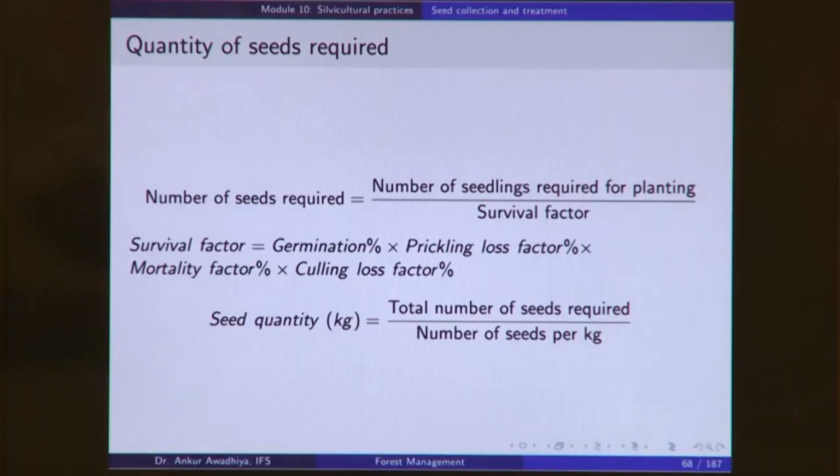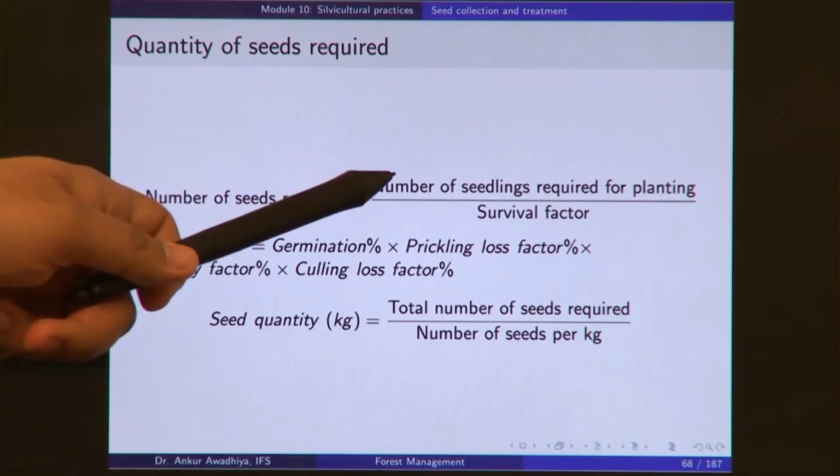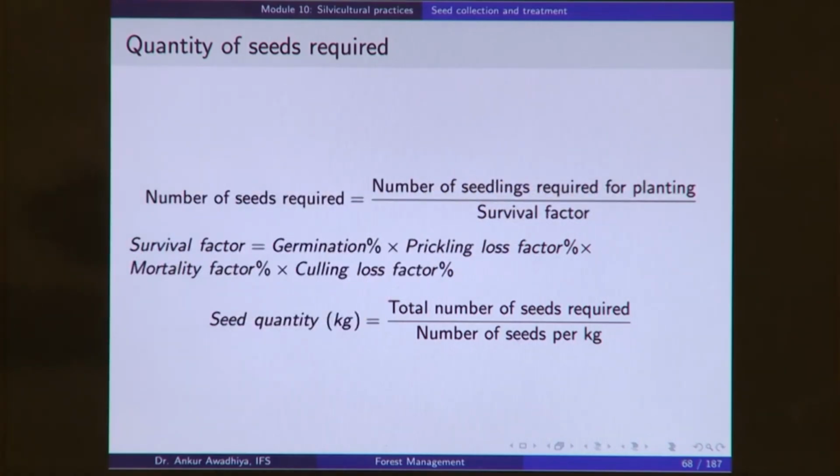So, we can write it mathematically as: the number of seeds required is the number of seedlings required for planting, including the number of plants that were to be planted in the first go plus the replacement, divided by the survival factor.